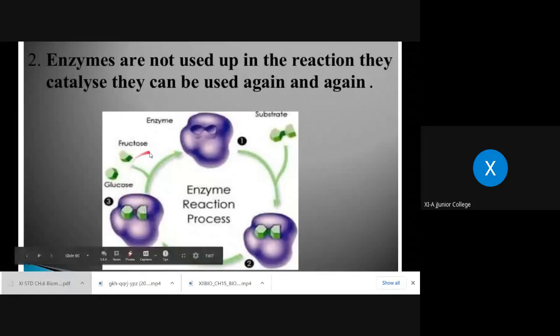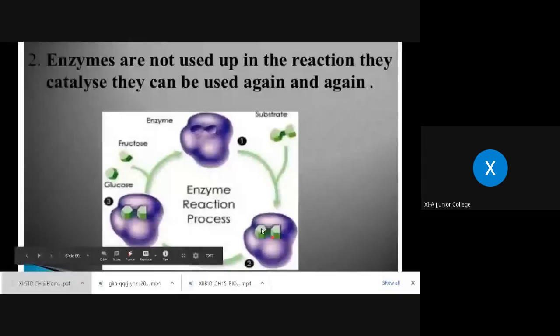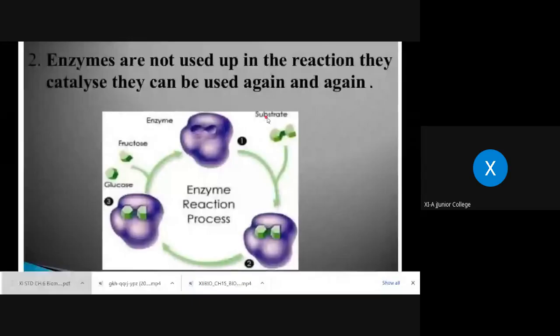In this diagram, at three places, the enzyme acts with the substrate at one particular place, forming the enzyme substrate complex. Once the product is formed, it is released, and then again this enzyme is ready to react with another substrate.